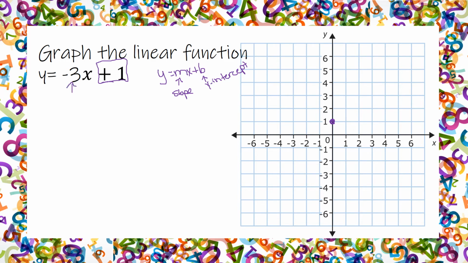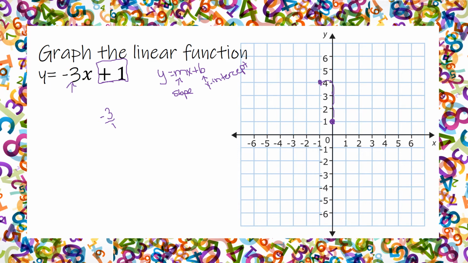My slope is negative 3. That means negative 3, I'm going to rise, and I'm going to run 1. Now, the reason it's over 1 is because any whole number is always over 1 as a fraction. So I'm going to rise 1, 2, 3, and I'm going to go to the left 1 to make sure that that's negative.